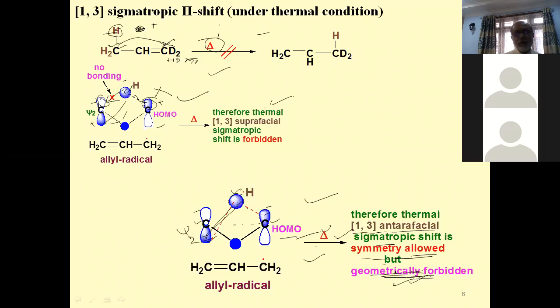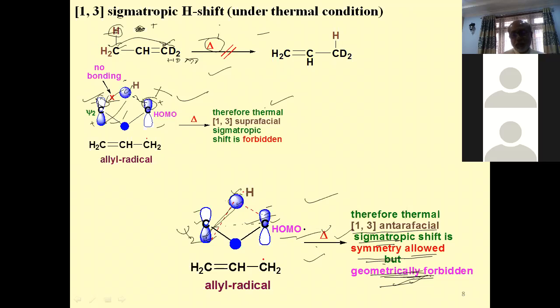This is suprafacial, it is forbidden. Antarafacial is allowed, but geometrically not allowed. Symmetry allowed, but geometrically not allowed. That means ultimately it is not going to take place. That is the simple conclusion: thermal 1-3 migration is not possible.